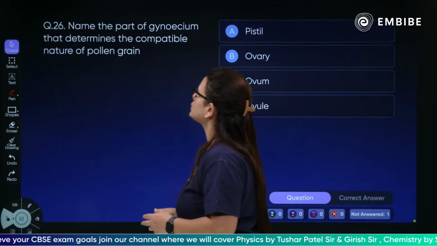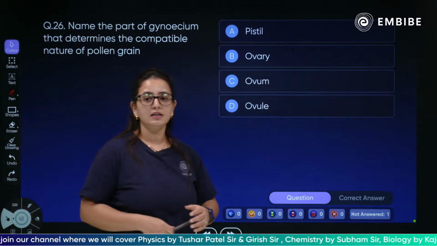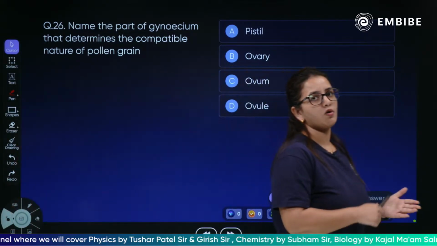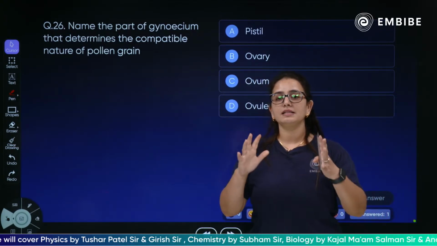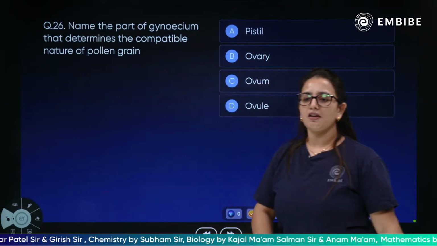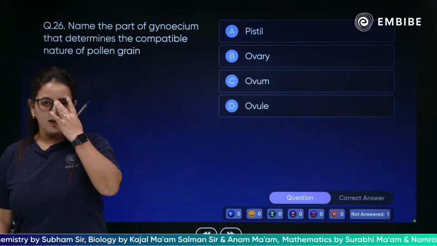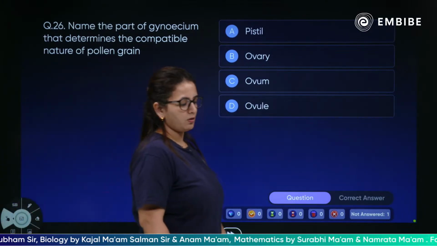Name the part of gynoecium that determines the compatible nature of the pollen grain. Which part of the gynoecium is telling you that it is a compatible pollen grain, that they can fuse?